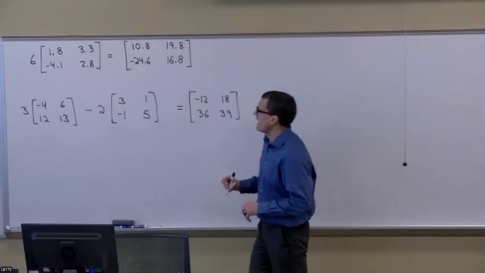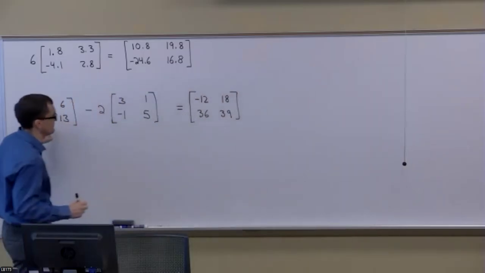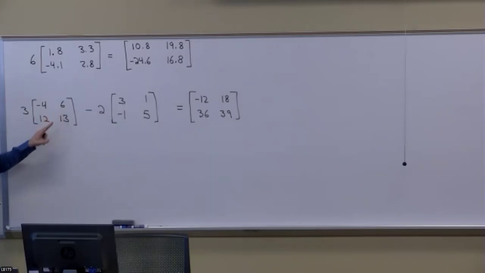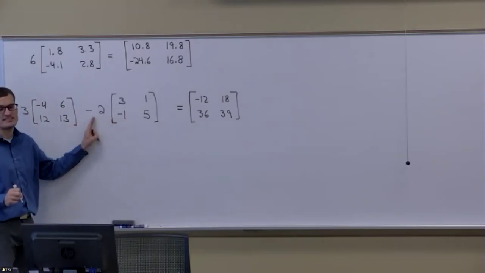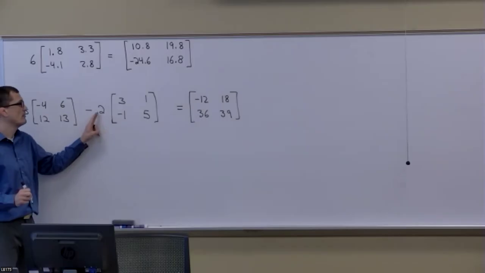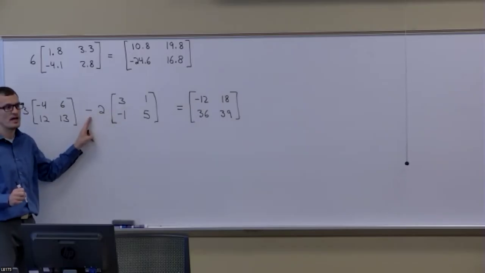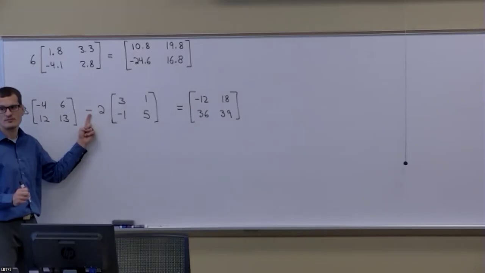When you multiply 3 times this first matrix, you get negative 12, 18, 36, 39. For the second matrix, you can either multiply it by a negative 2 or by a positive 2 and keep the minus sign out front. I'll multiply the whole thing by a negative 2 and turn the sign out front into a plus.